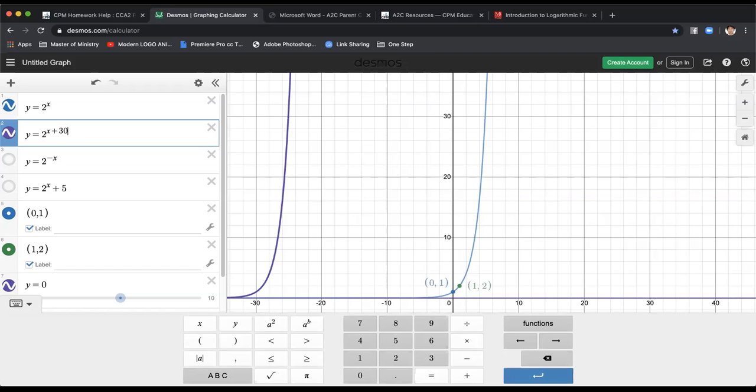Okay. So of course, if we subtract instead of add, it will just move to the right. Let's say we have x minus 4. Oops, sorry again. Let me change the plus sign there.